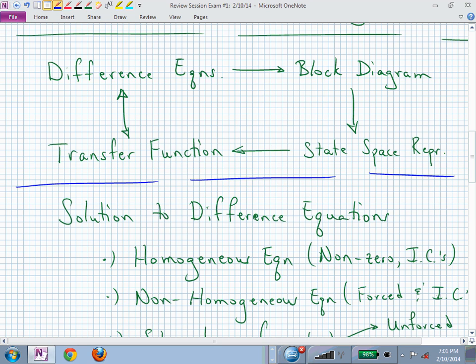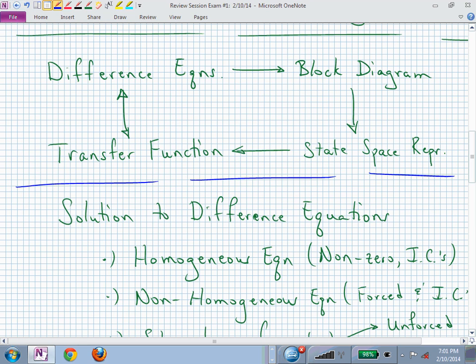I'll make this available as far as the notes, so if you miss something, you can fill it in later, because I may want to quickly go through this list of topics and then start talking about some examples. Is that okay? So I'll quickly go through this.